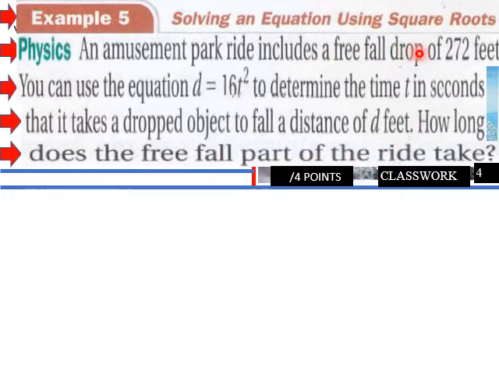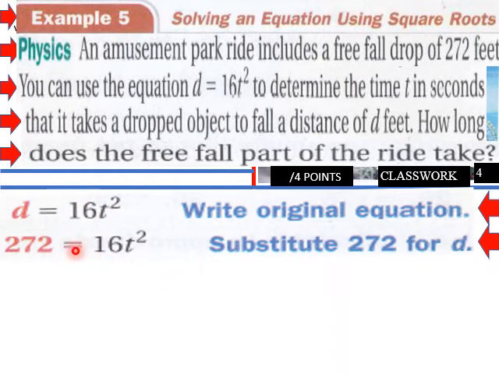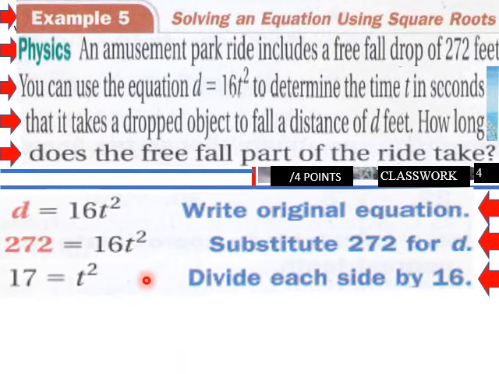So we have a free fall drop of 272 feet. To use our equation d equals 16t squared, we substitute 272 for d. We're going to solve for t now, because we want to know how long it takes.